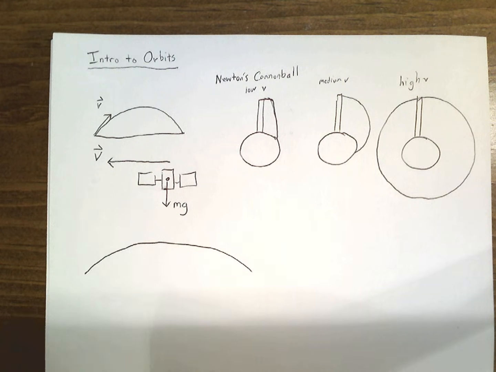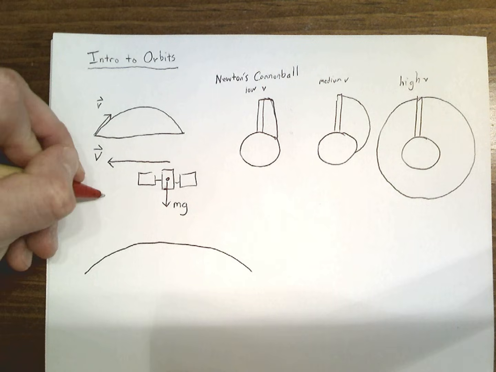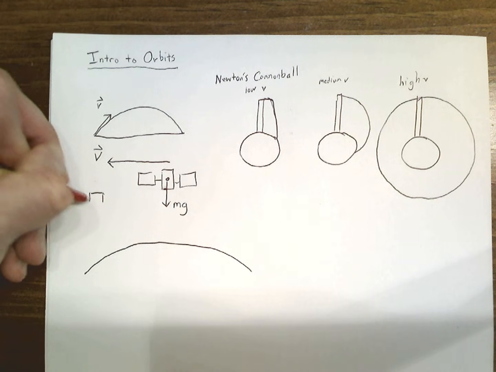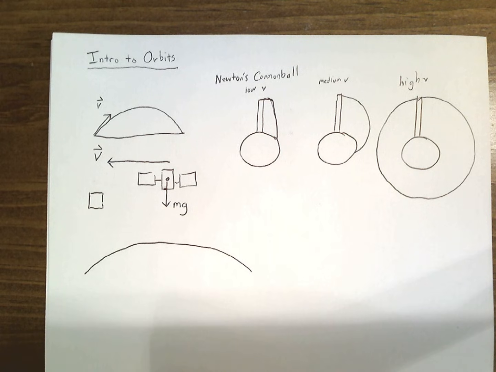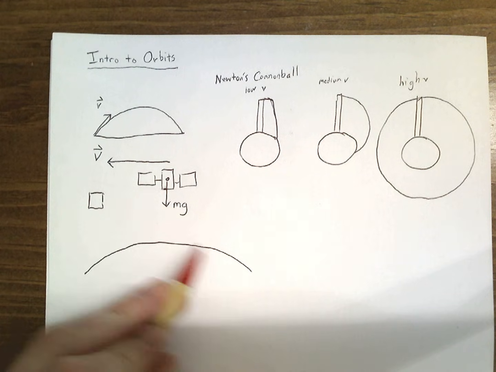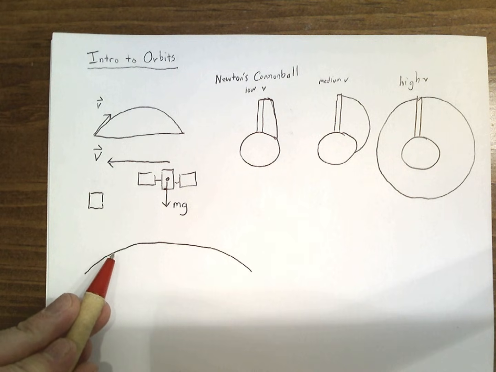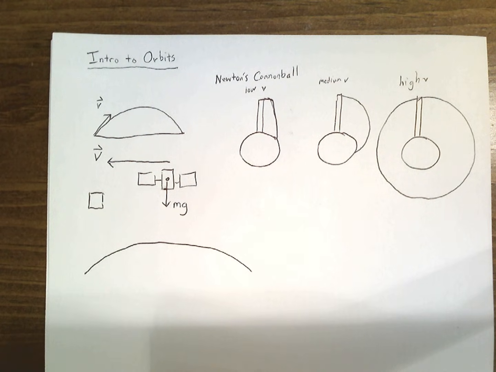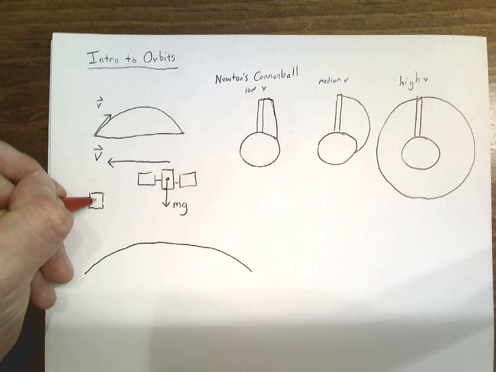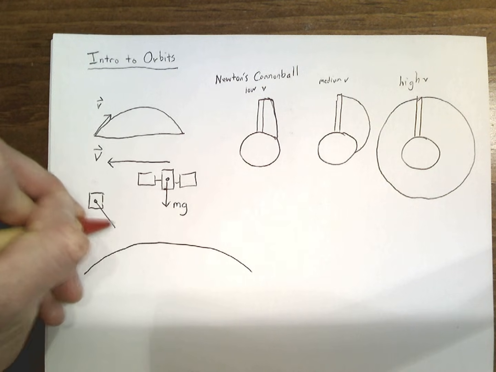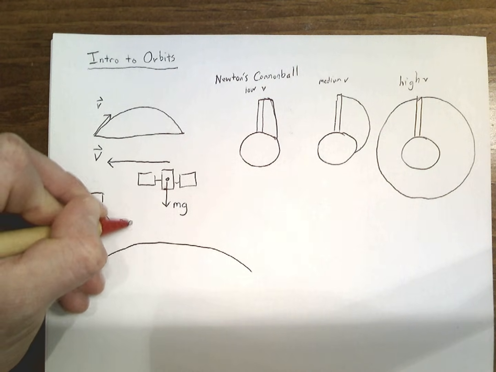So that means a little bit of time later, it will have fallen down. Now my box is here. We've moved over to the right a little bit on top of that, but because we've moved around the curvature of the Earth, the meaning of down has changed. Instead of pointing straight down towards the Earth's center, now, relative to where the satellite is now, the force of gravity points inward, like this.